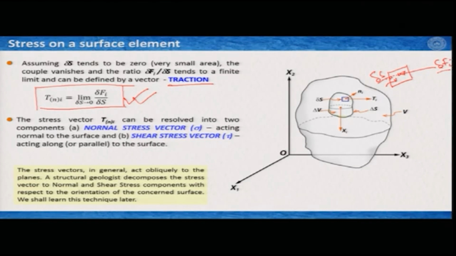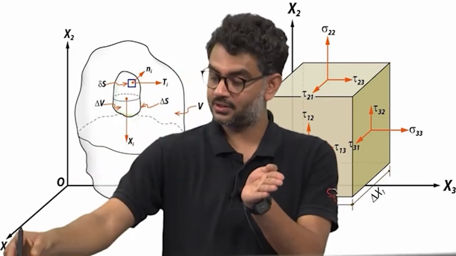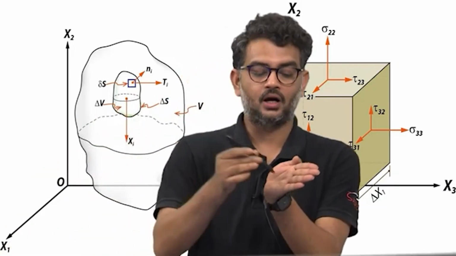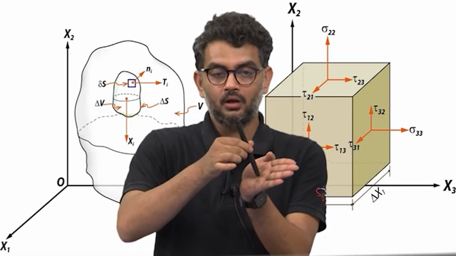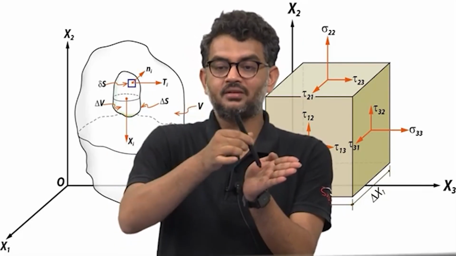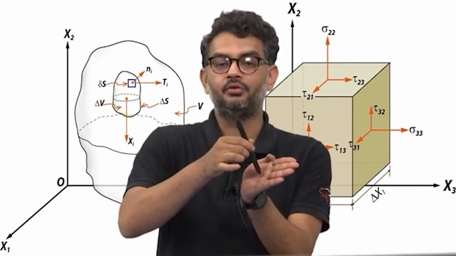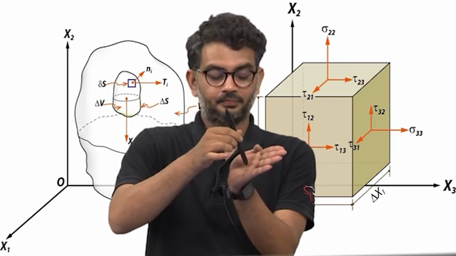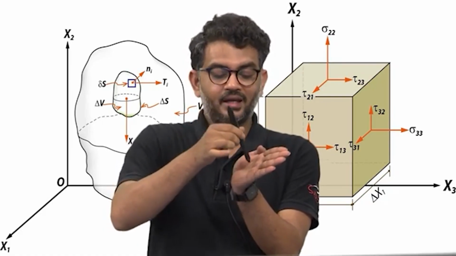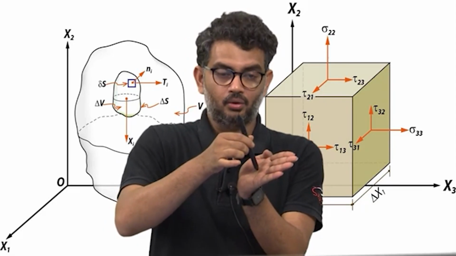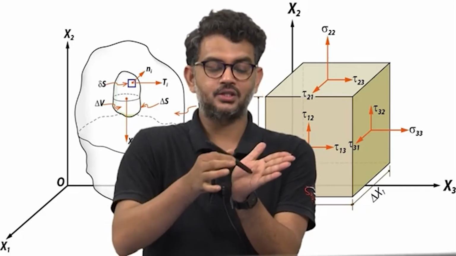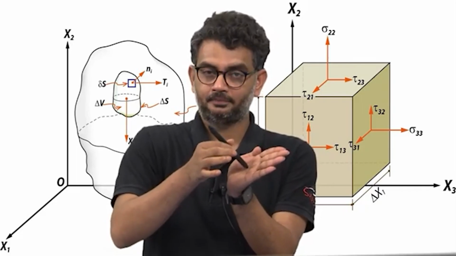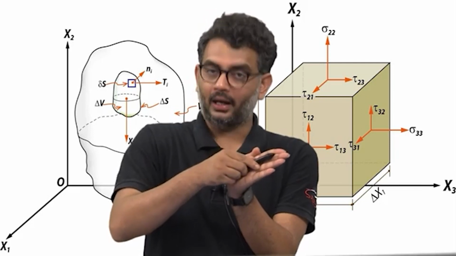Now, we clearly see that if we have a surface and I have a force acting on this surface, this is how it is working. Now, because this is a vector, we have understood before that traction is a vector. I can resolve this vector one way, that is perpendicular to this plane, and another way parallel to the plane.